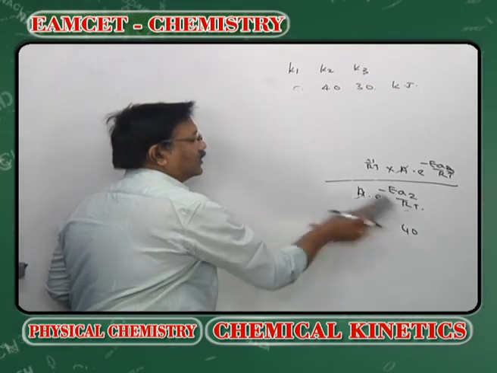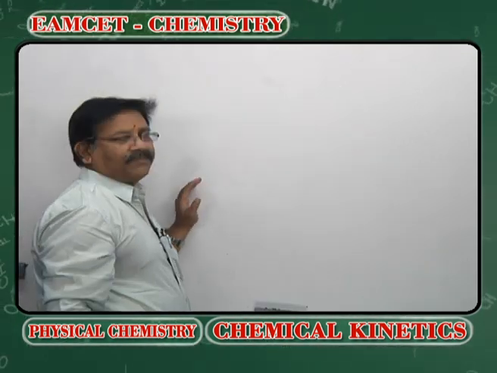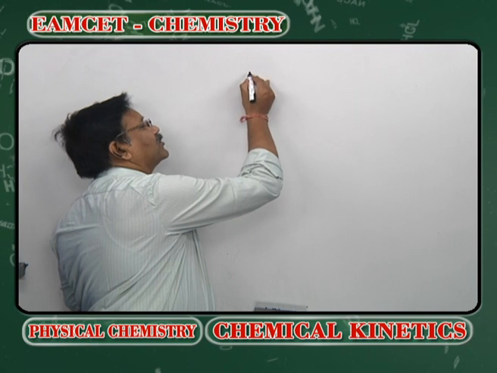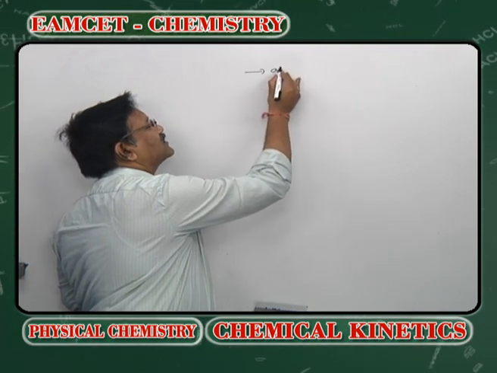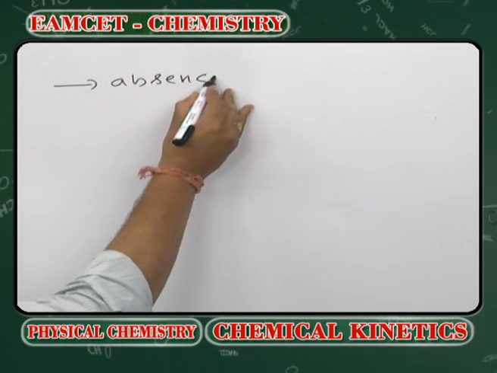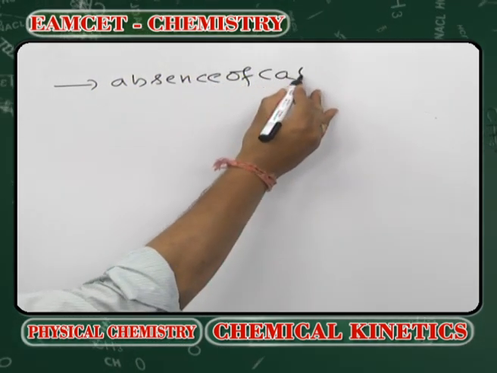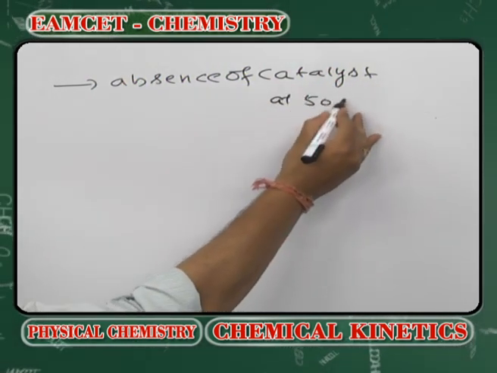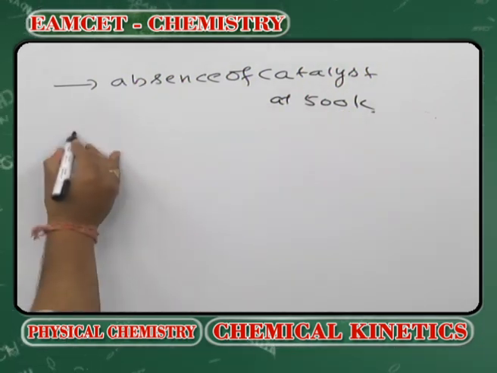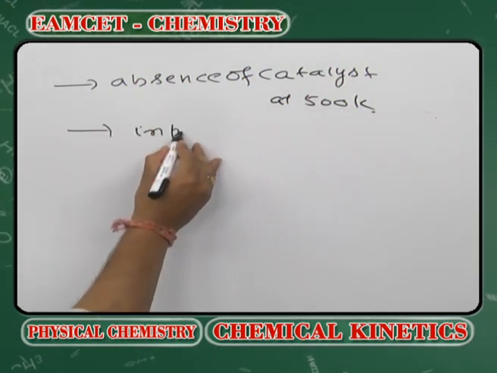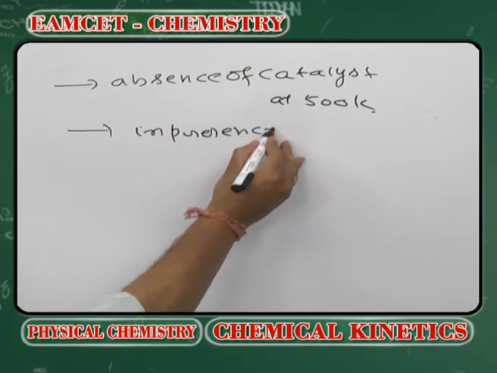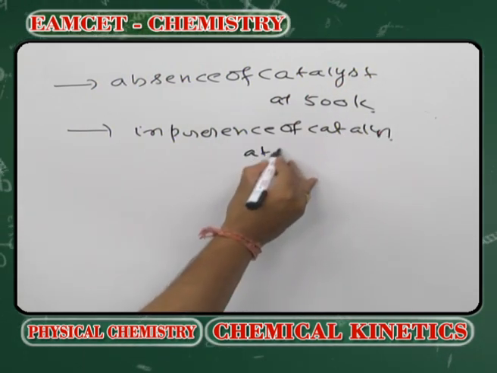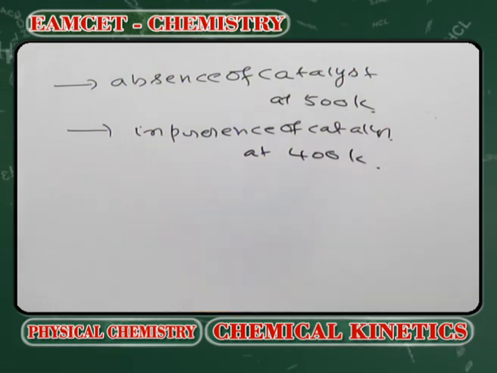40 kilojoules. Next, a particular reaction is carried out in the absence of a catalyst at 500 Kelvin, and in the presence of a catalyst at 400 Kelvin.